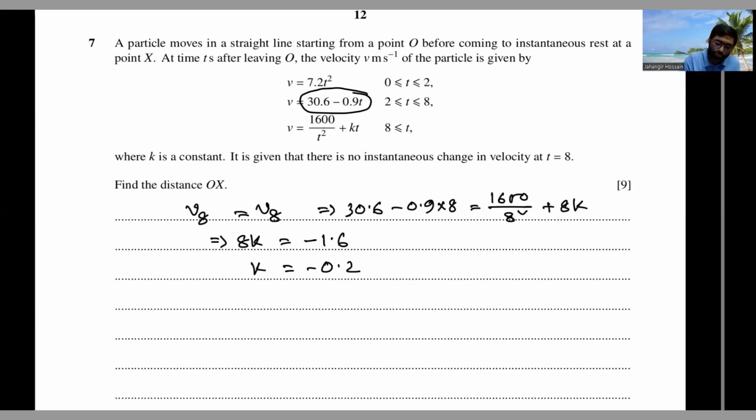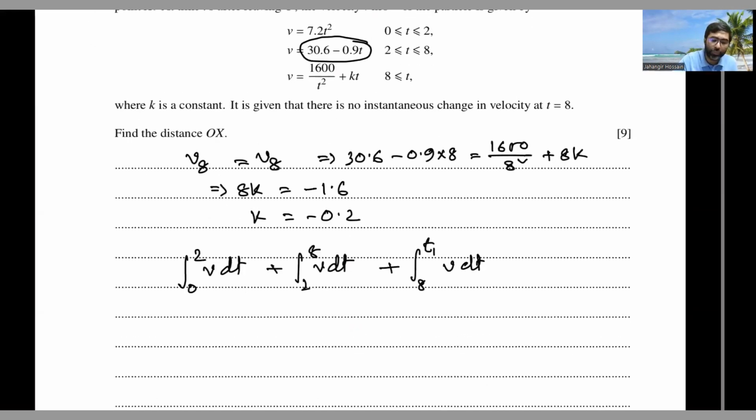So to find the distance OX, we have to find the total distance. For that, 0 to 2, integrate velocity, then 2 to 8, integrate that equation of velocity, then 8 to how long? We don't know the value of t here.